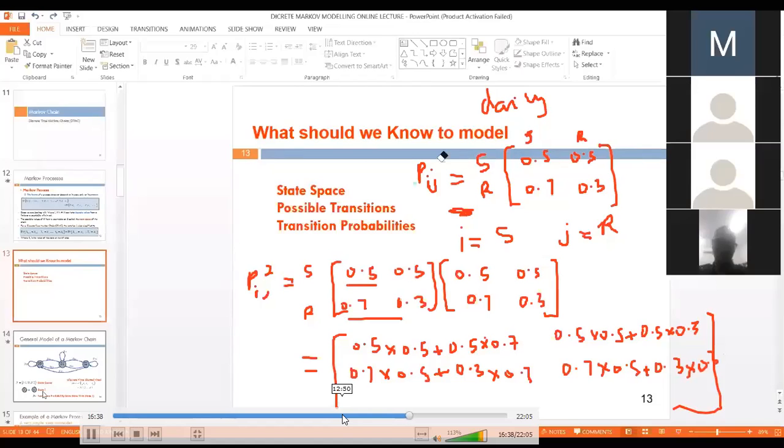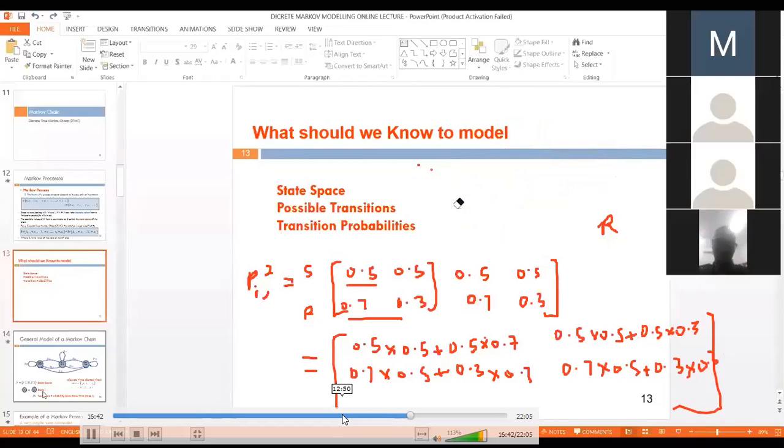So once we do this estimation, we should get, I've cleaned the original matrix. So that should give us, this gives us 0.25. Okay, that's 0.5 times 0.5. This will give us 0.35. So when we add them, that will be 0.6. Then this gives us 0.35.